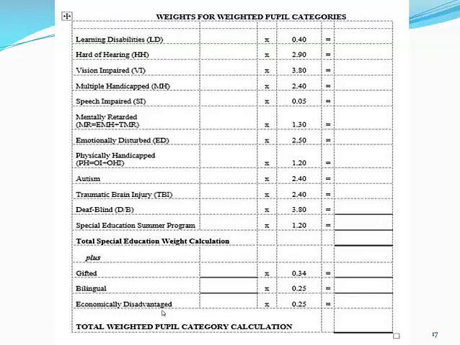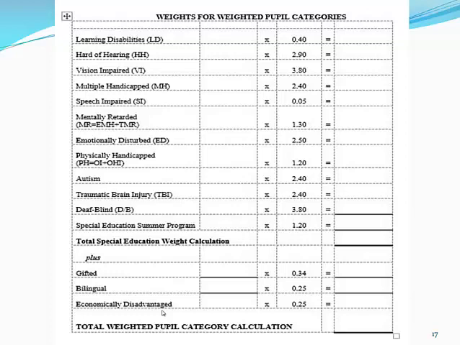We know that it costs more to educate students who are gifted. We know that it costs more to educate students who are bilingual. And we know that it costs more to educate students who are economically disadvantaged. These are your free and reduced meals students, or as I like to refer to them, your farm kids, free and reduced meals. These are your Title I students.